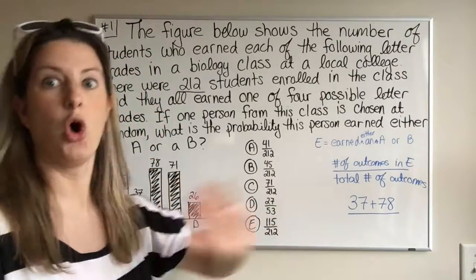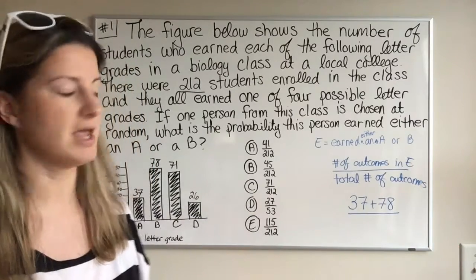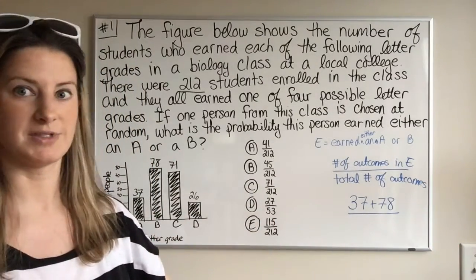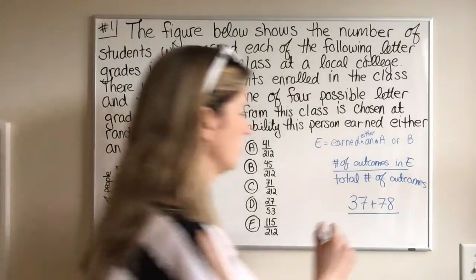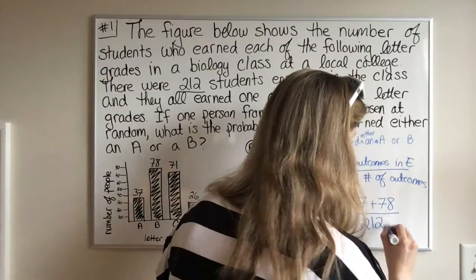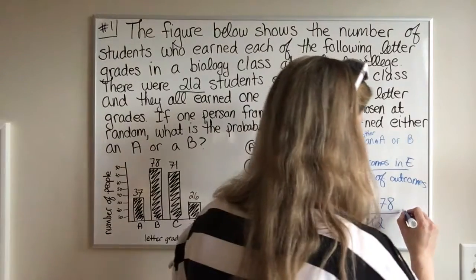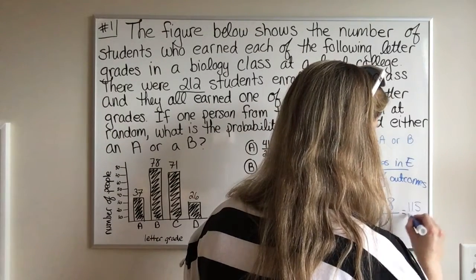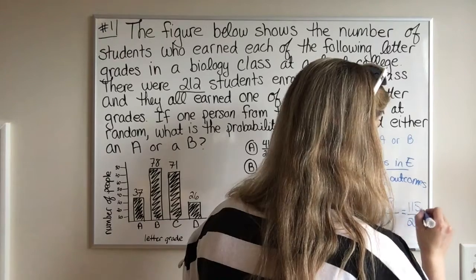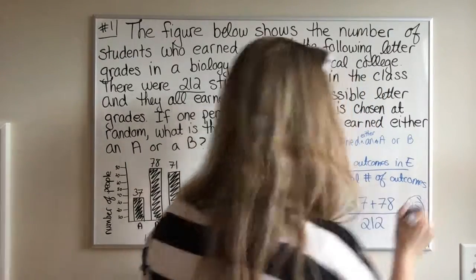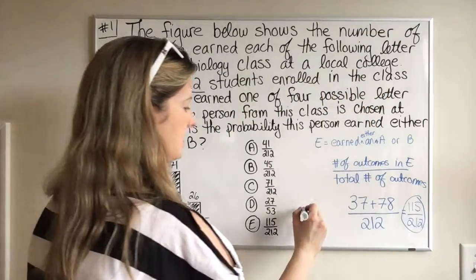Then it's over the total number of outcomes. So the total number of outcomes is how many students are in the class. There are 212 students in the class. So 37 plus 78 is going to be 115 over 212, so your answer is going to be E here.